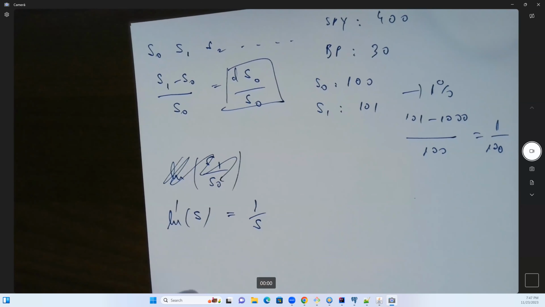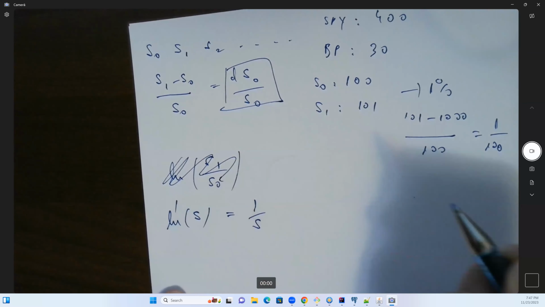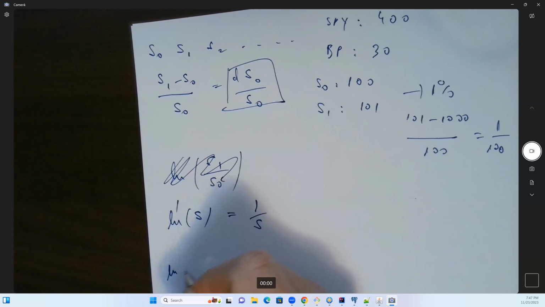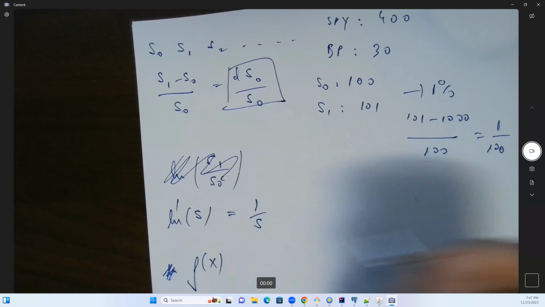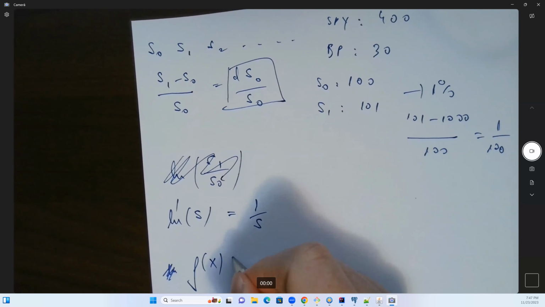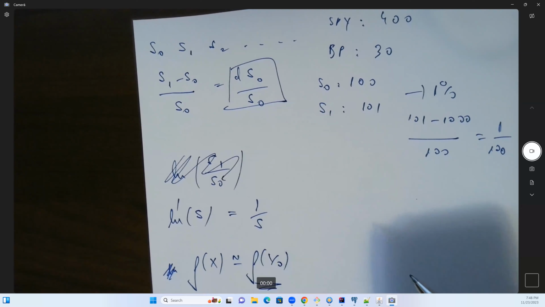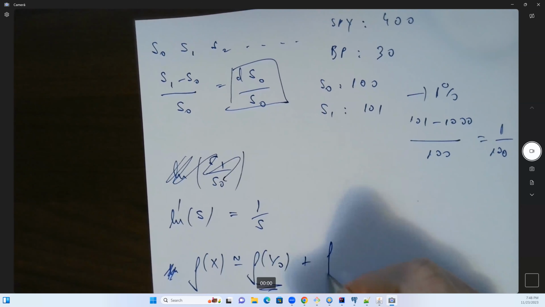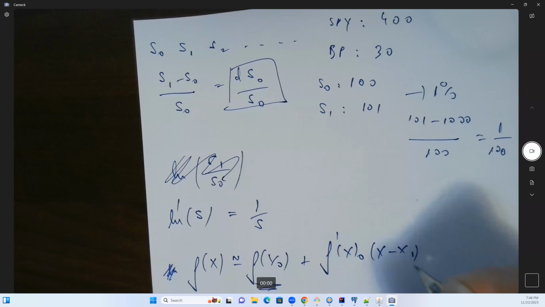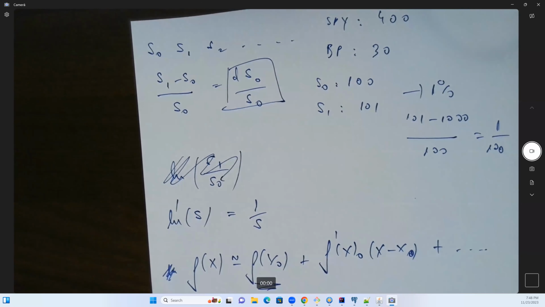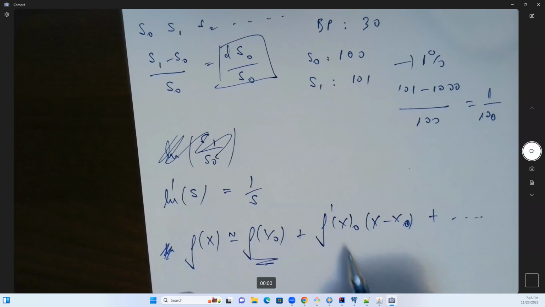And then we have the Taylor series expansion, which says that in general, a function of a variable x is equal to the function at x0 plus the derivative at x0 times x minus x0, plus higher derivatives. We are not interested in the higher derivatives. We are just going to use one derivative.